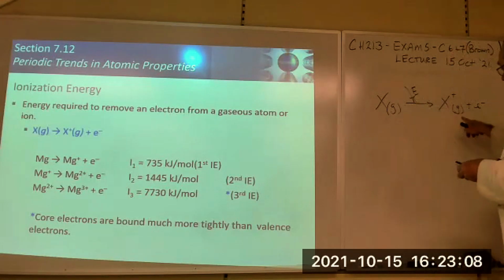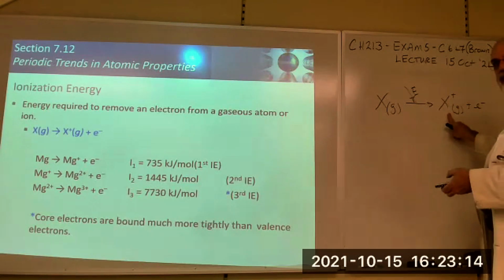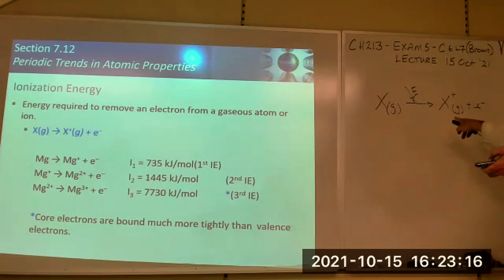But you can take that ion and kick off another electron if they're available. If it's hydrogen, of course, your job's done. You've got nothing but a proton left. But with magnesium, we have some more electrons. So the second ionization energy removes another electron, and it takes about twice as much energy.